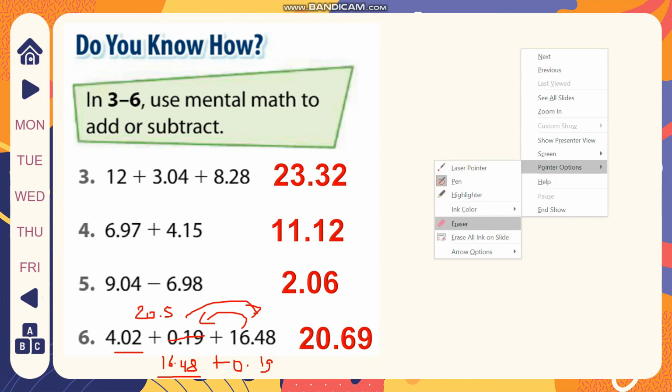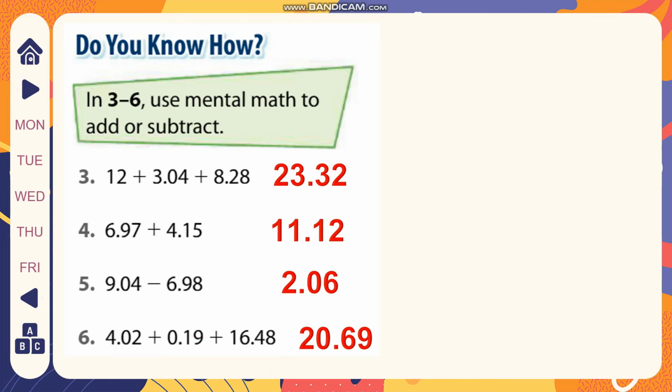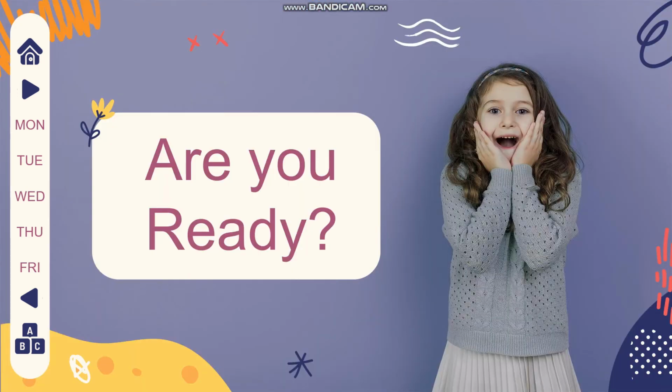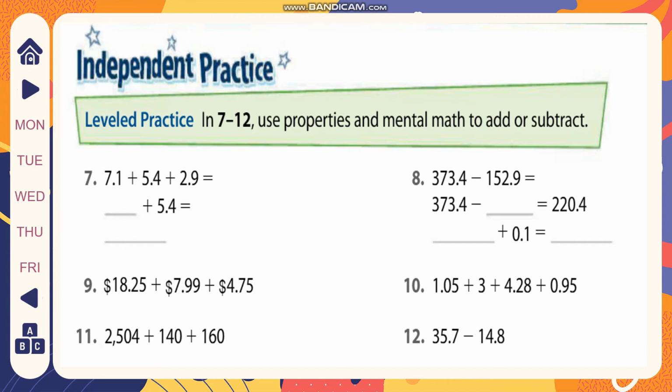Now it's your turn. You can apply the different strategies. Pause the video and answer the following questions. Now, time is up. The answer for number 7 is 10 plus 5.4, which is equivalent to 15.4.